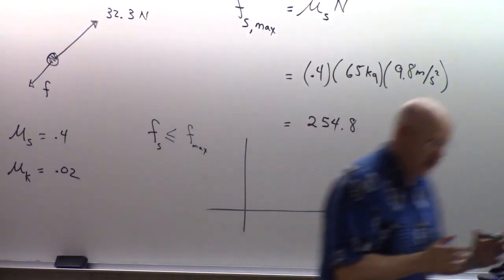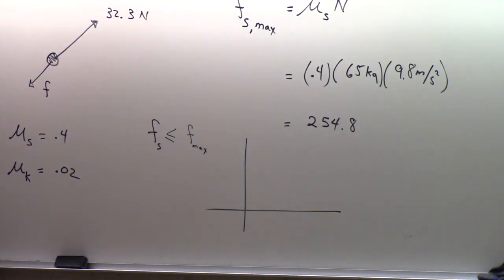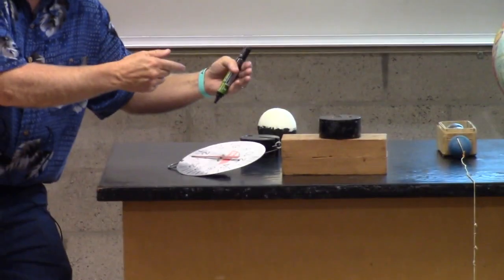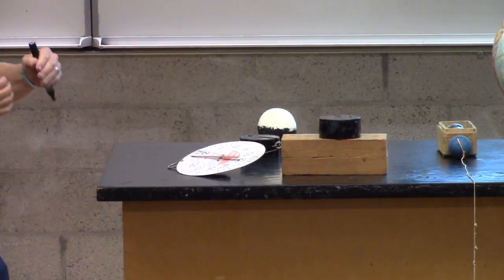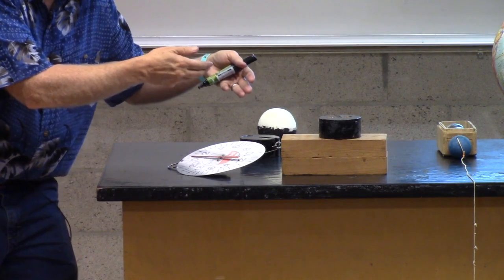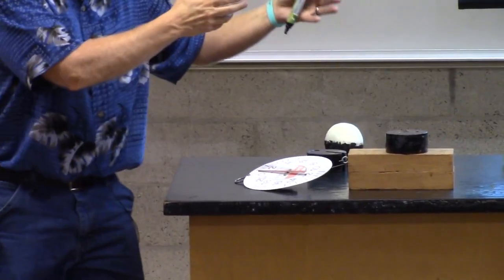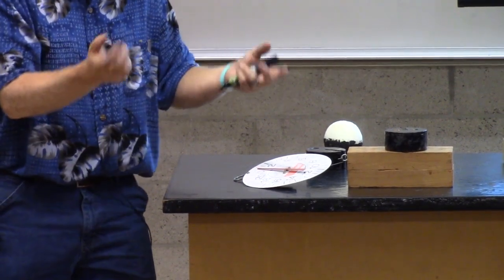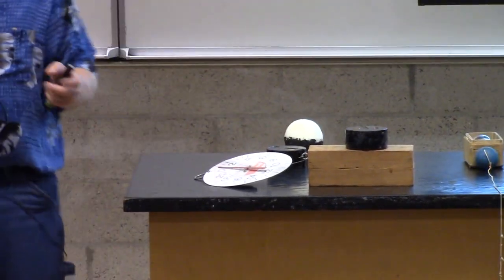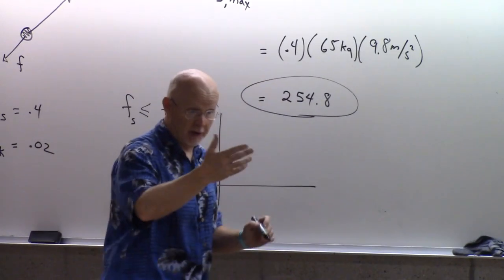If I pull with 1, the friction goes back at 1. If I pull with 2, the friction goes back at 2. This keeps going on until I get to the maximum, then it starts to slide. So here's what I would say. The maximum is over 250.